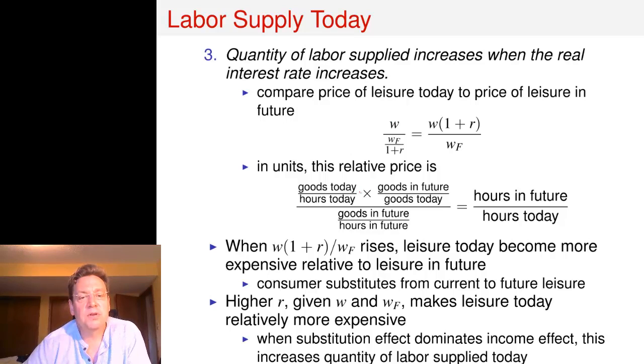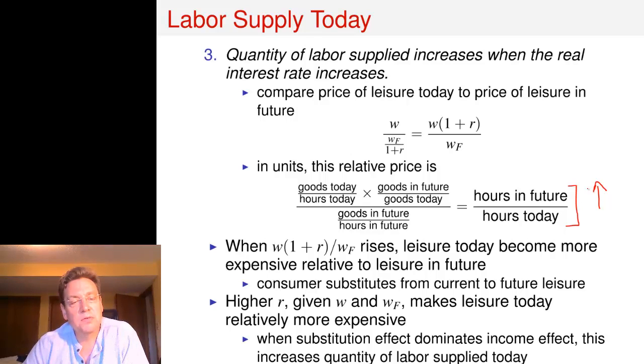Now, if we convert this into units, you can multiply out the wage times the interest rate and scale it by the future wage. And you get units that are hours in the future over hours today. When this ratio goes up, leisure today becomes relatively more expensive compared to leisure in the future.